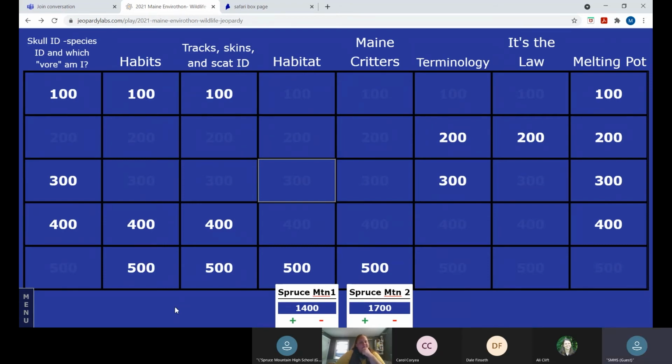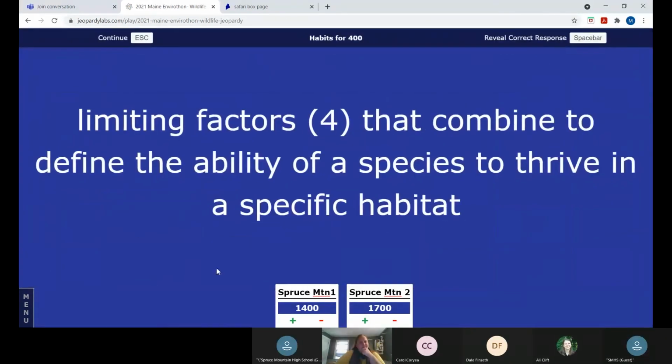Let's go habits for 400. So what are the limiting factors that combine to define the ability of a species to thrive in a specific habitat? There are 4 of them. 4 limiting factors.